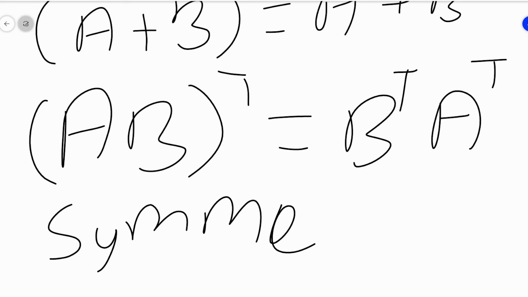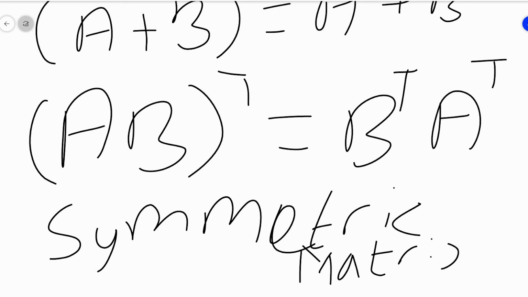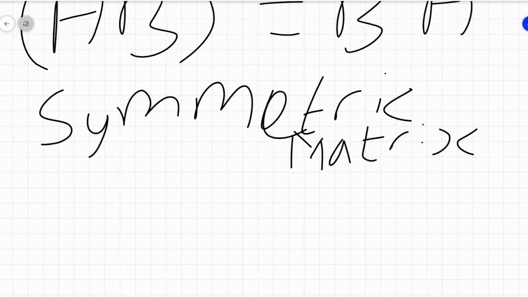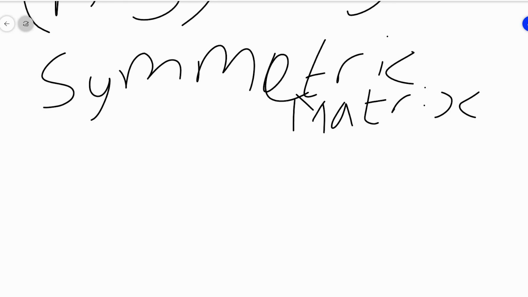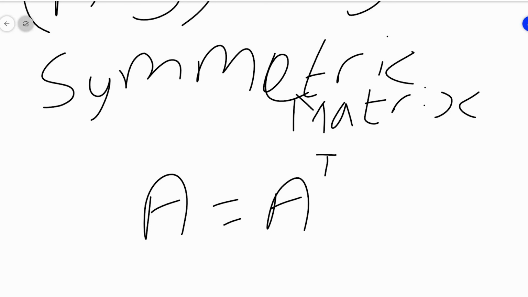Symmetric matrix. What I mean by a symmetric matrix is when A is equal to A transpose. That's what we mean by a symmetric matrix.